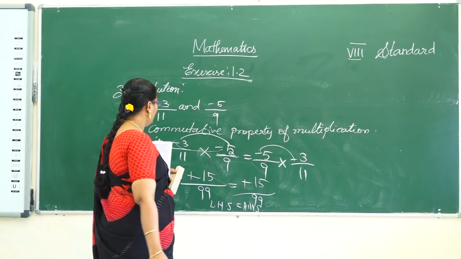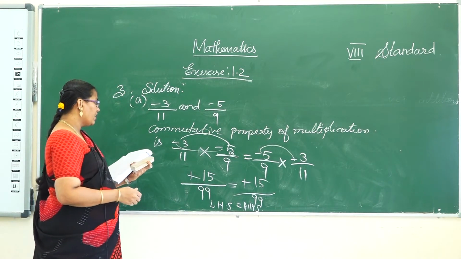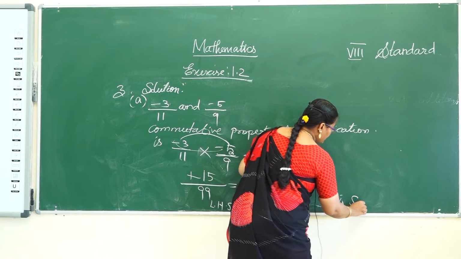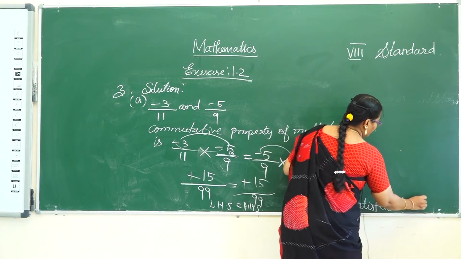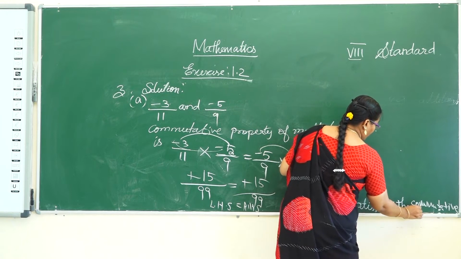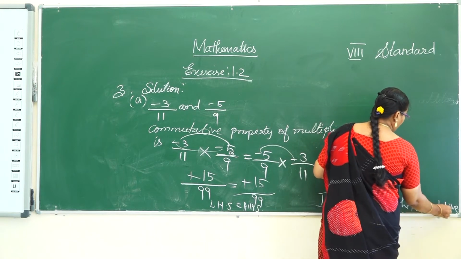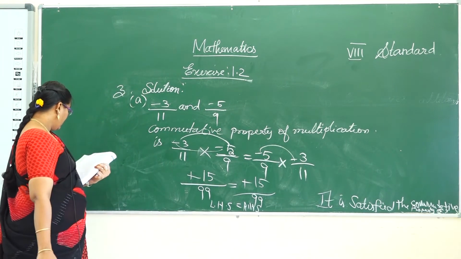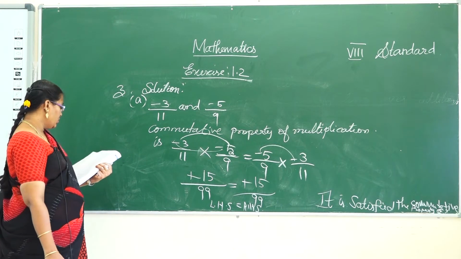So the given two rational numbers satisfy the commutative property of multiplication. B is homework, the B subdivision in the third problem is homework.